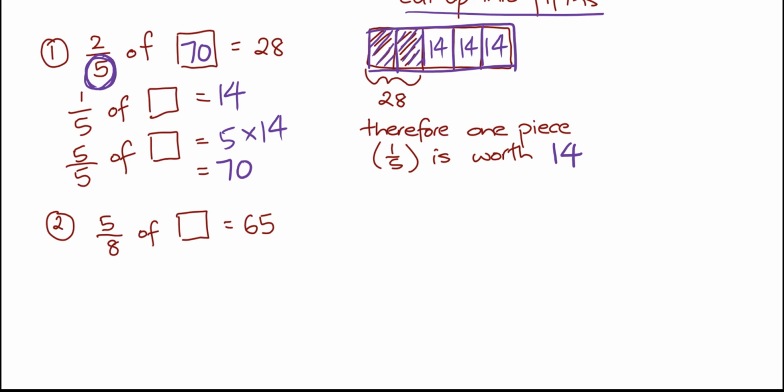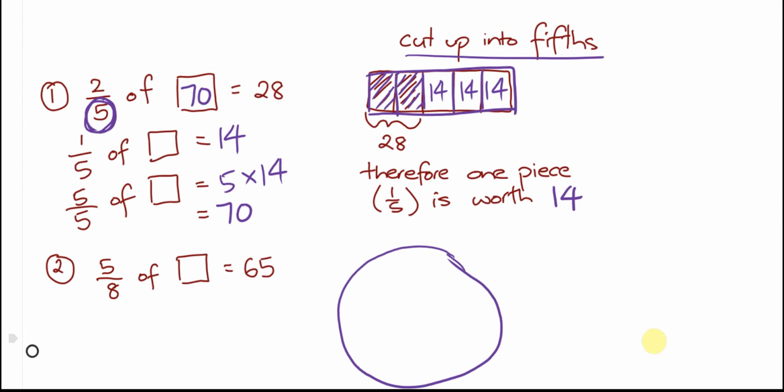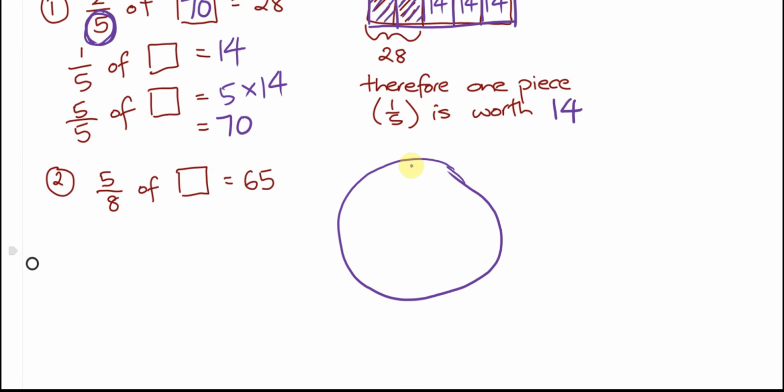So I've got 5/8 of something is 65. Let's draw a circle for this one. Whoops, wonky looking circle there. And what I want to do is split it up into eighths. Okay, and the reason I'm doing that is because I want to look at eighths, because that's my fraction. So splitting it up into eighths.